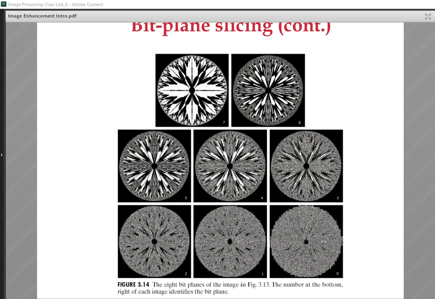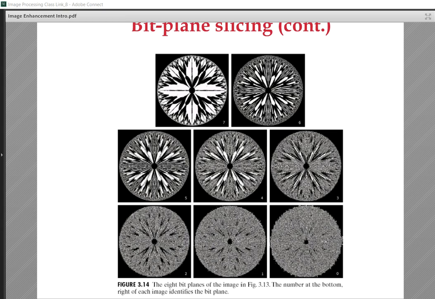You see here the 8 bit planes of the image in the previous figure. The number at the bottom right of each image identifies the bit plane, 0, 1, 2, 3, up to 7.